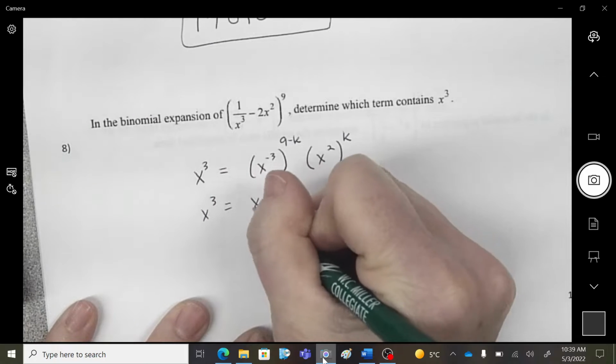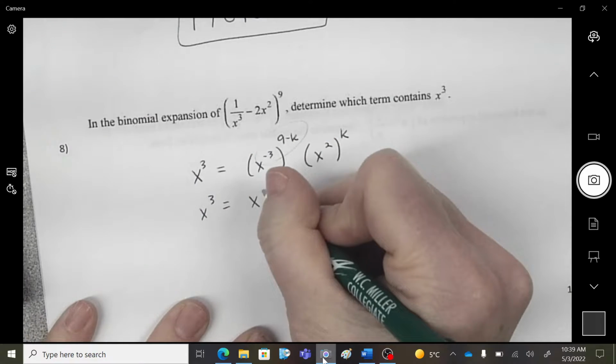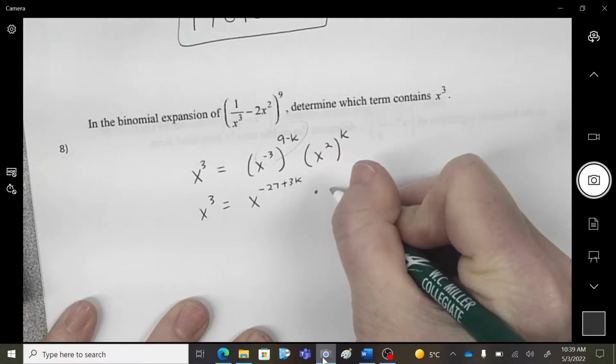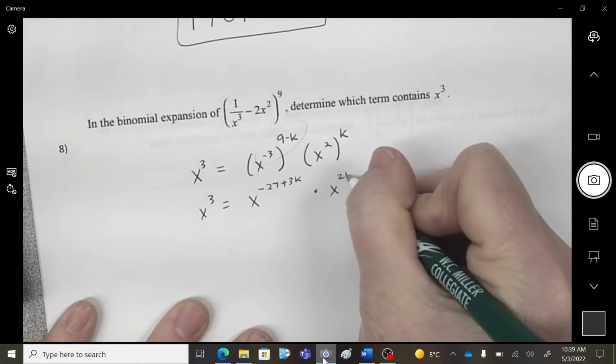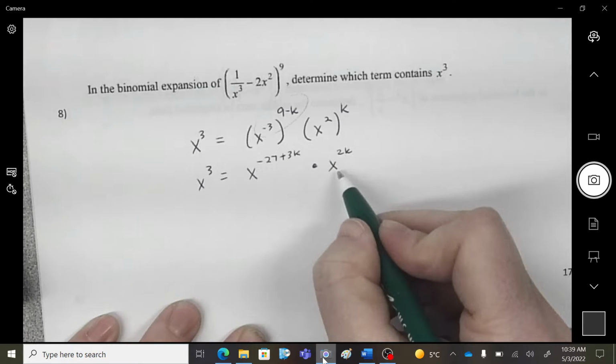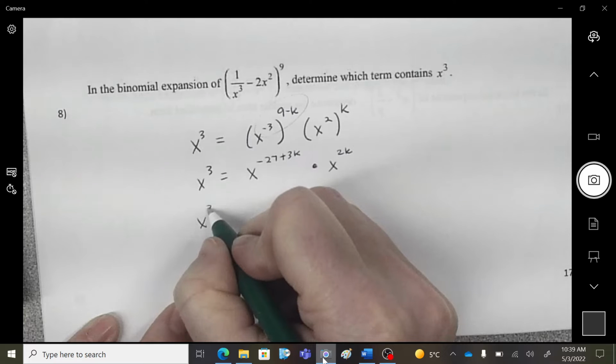So when I do this, I would multiply. So negative 27 plus 3k. And I'm going to multiply, so 2k. Then when I do this rule, I will add the exponents.